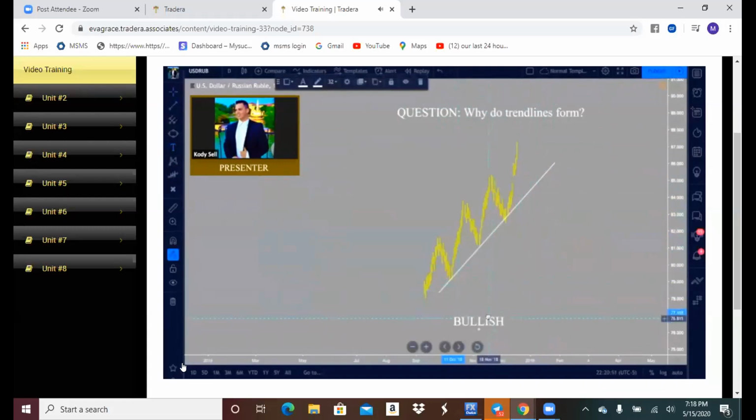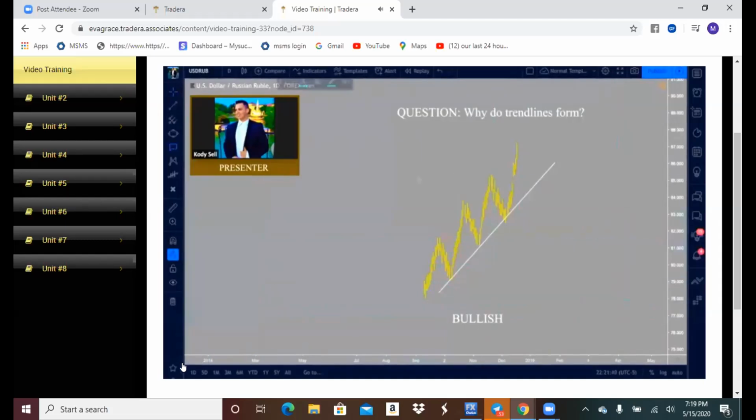So when we conclude that the market is bullish, what that means is that key market participants, people with enough equity to move the market and actually impact price, are long on this pair. Now, if you open up the market and you're looking to get in and capitalize on the bullish move, here's my question to you.